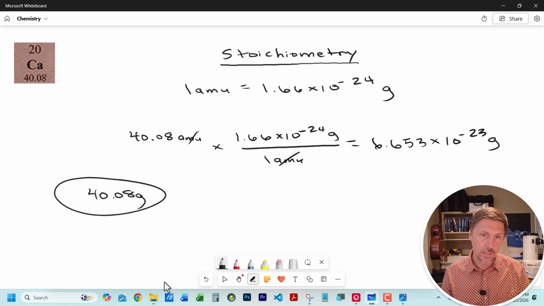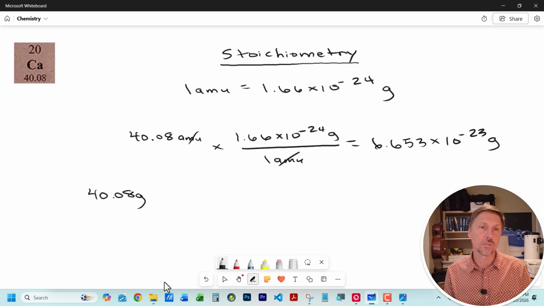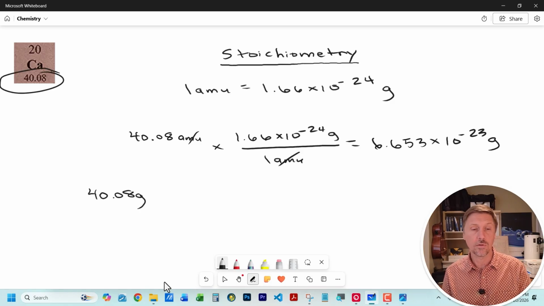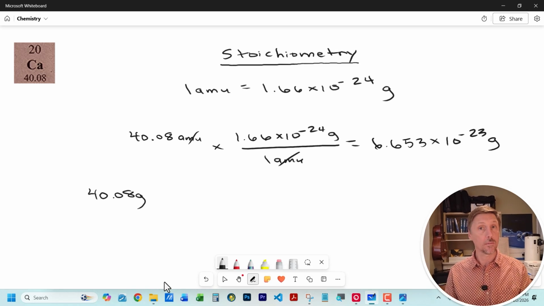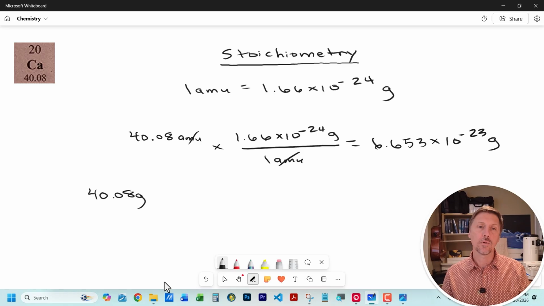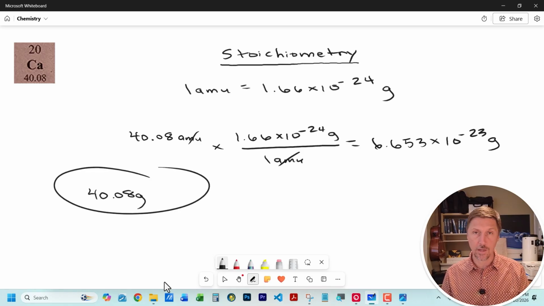So again, I picked this number here because it happens to be the same numerical value as that, right? Again, this numerical value up here we know to mean the atomic mass in AMUs of a single calcium atom, but I want to know how many calcium atoms are in that many grams, all right?